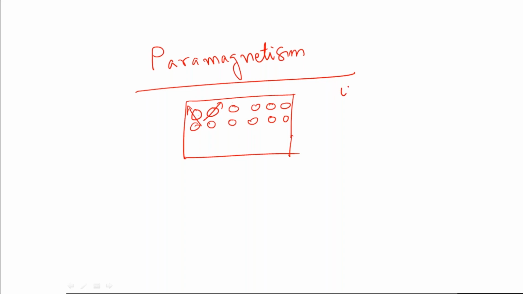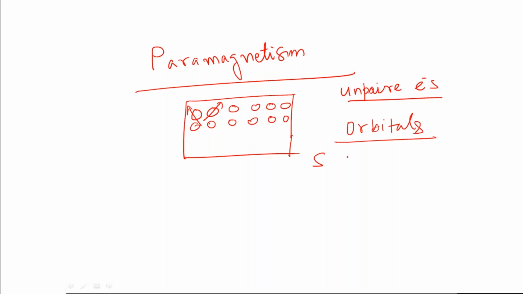Each atom has a net dipole moment. But you might be thinking what is this dipole moment about. Actually this dipole moment is not due to orbital motion of electron. This is actually due to unpaired electron.